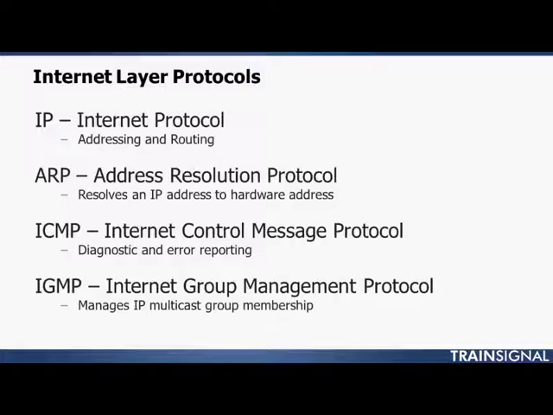And on top of that, there's not a whole lot that you need to know or worry about when it comes to IGMP. It has to do with managing multicast group membership. I mentioned multicast a few moments ago when we were talking about UDP. We talk about where you have streaming video or streaming audio, and only certain people will subscribe to receive it.